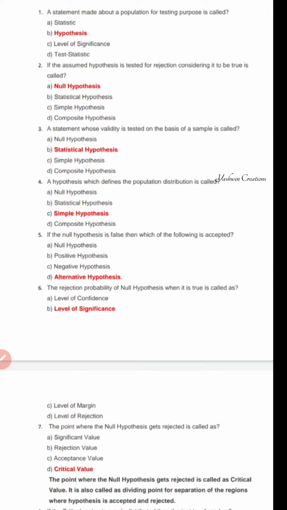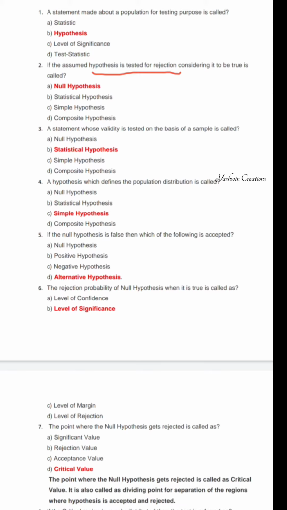If the assumed hypothesis is tested for rejection, so remember the word rejection, considering it to be true is called null hypothesis.